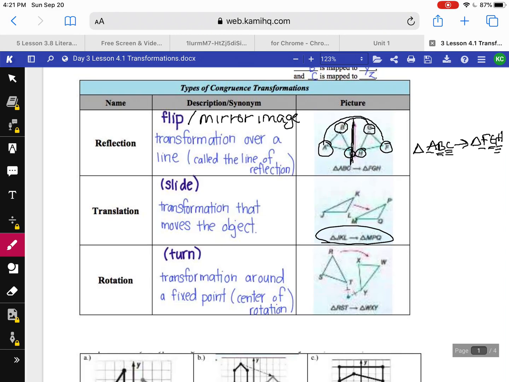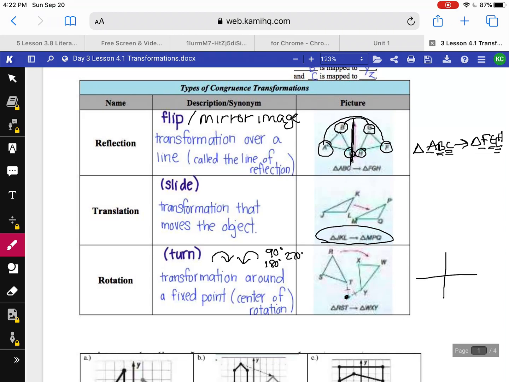to triangle MPQ. Our third type of transformation is rotation. Now, we normally see turns about a center point, and a lot of times we're going to talk about turns being clockwise or counterclockwise, and a lot of times we're going to see a 90 degree, a 180 degree, or a 270 degree turn.